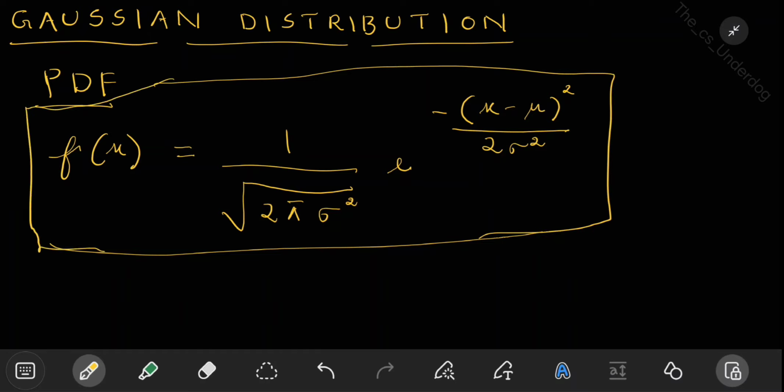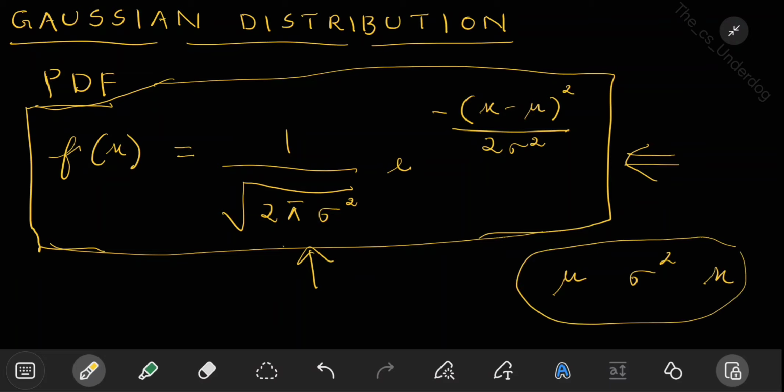So this is something that you need to have in your mind. 1 by root of 2 pi sigma square, e raised to minus x minus mu the whole square divided by 2 sigma square. If you put the values of mu, sigma square and x in this equation, you will be able to identify f of x, that is the value for that particular value of x.